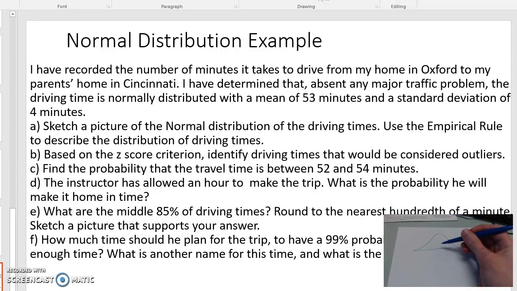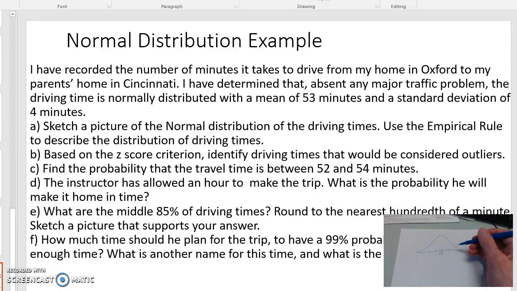So 53 is the mean. It goes in the middle of this curve, right at the peak. And I'm going to mark off 3 standard deviations in each direction, which takes me roughly to the end of the curve. And then I'm going to add or subtract the standard deviation 3 times to mark the other values under my tick marks.